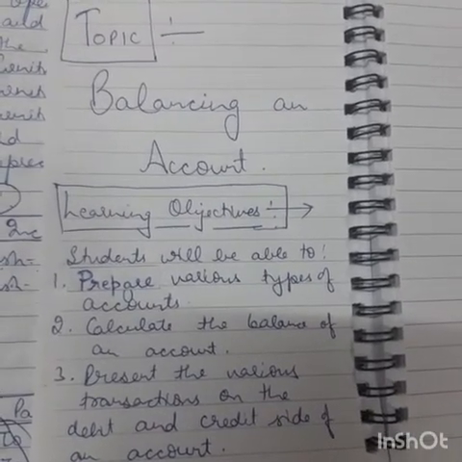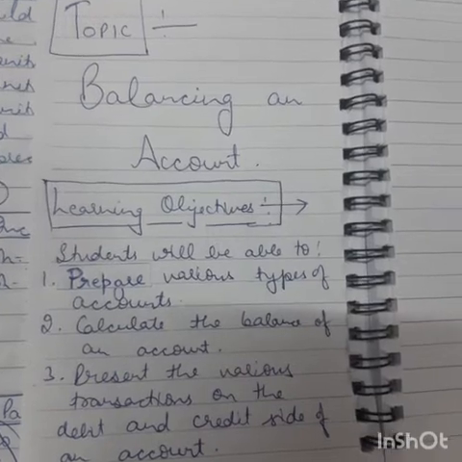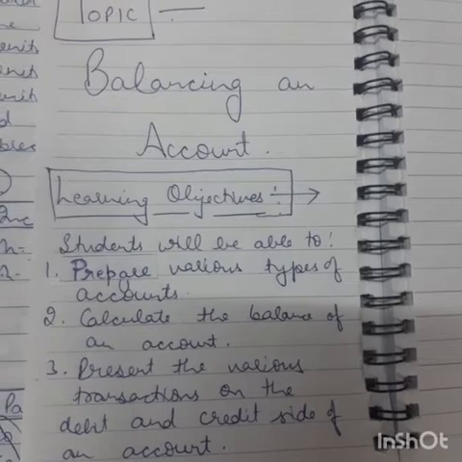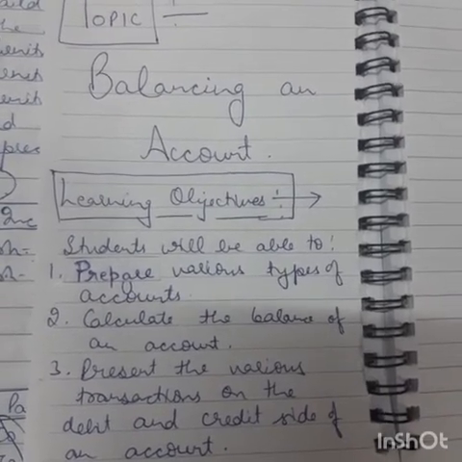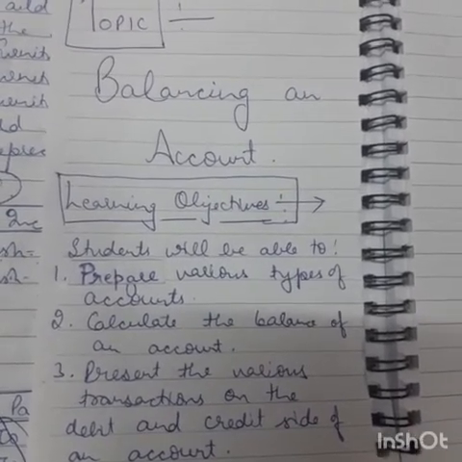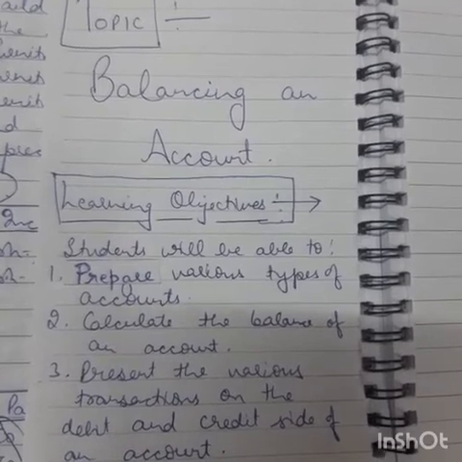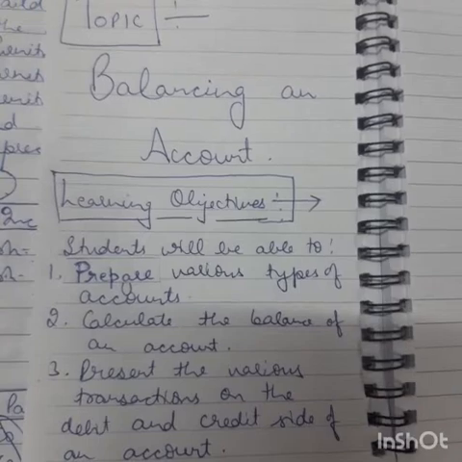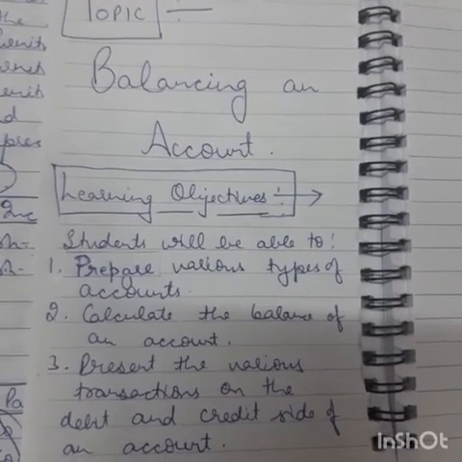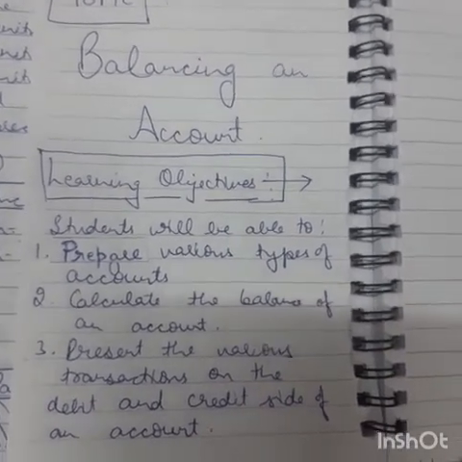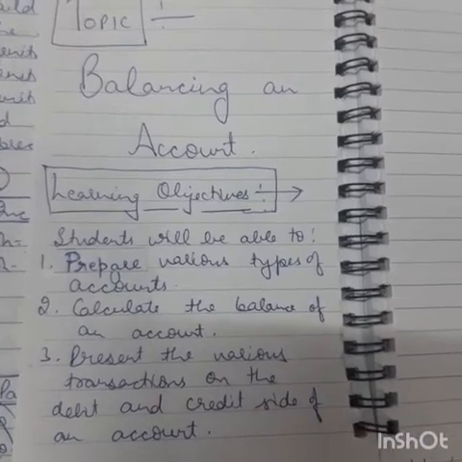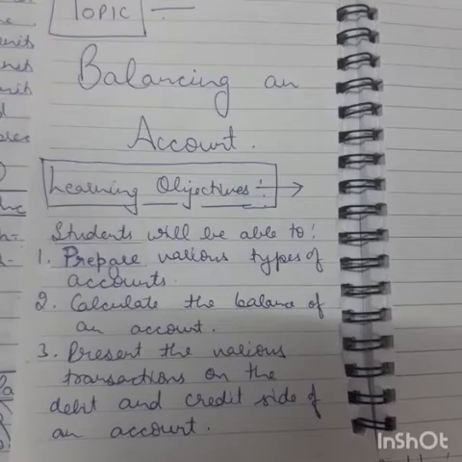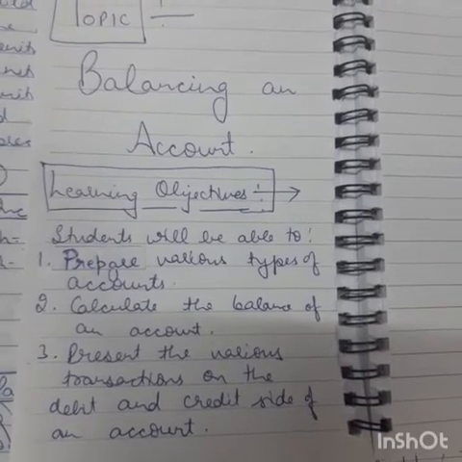After covering this topic, students, you will be able to prepare various types of accounts like cash account, owner's account, salaries account, sales account, etc. After preparing various types of accounts, you will be able to calculate the balance of an account. Next, you will be able to present the various transactions on the debit side and credit side of an account.